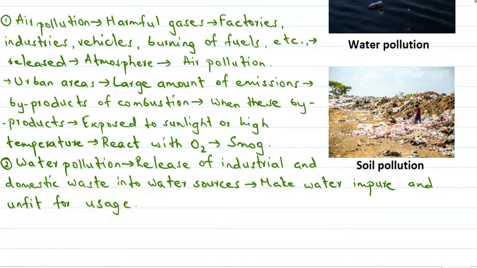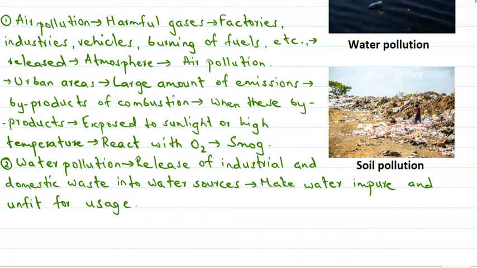Wastes are dumped near water sources like ponds, rivers, lakes, etc., without any treatment. It will be really hazardous for human health if this polluted water is used for domestic and drinking purposes, right?